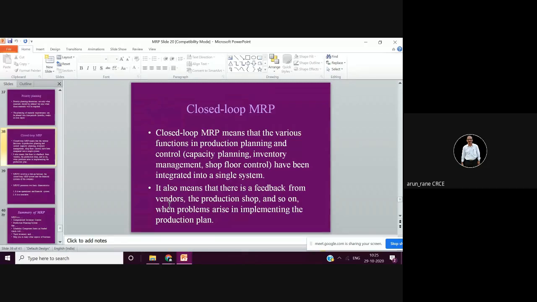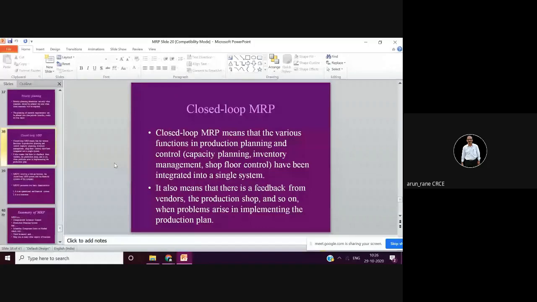You cannot say that everything is running smoothly and you will get a smooth output. So this feedback is required. In the festive season, the absenteeism is more. Machine breakdown, you don't know when the machine will break down.